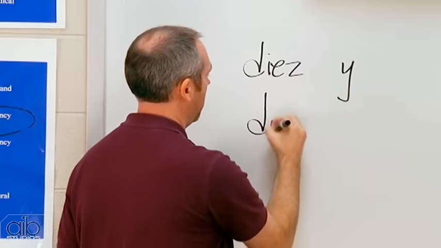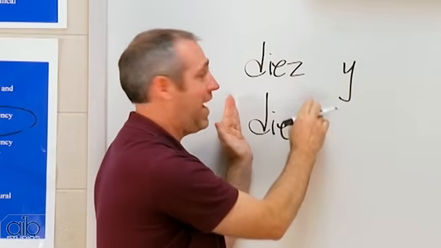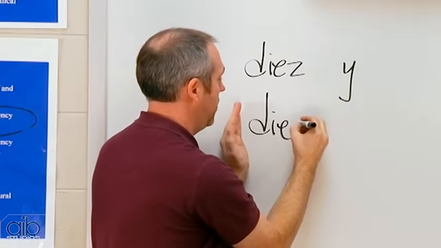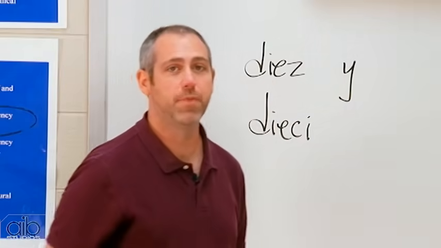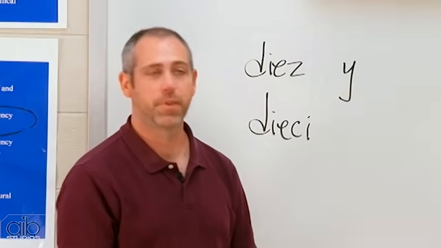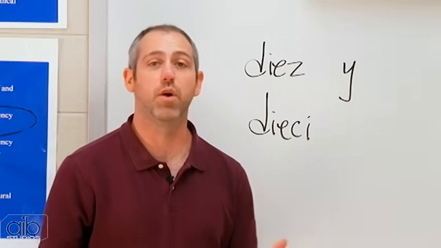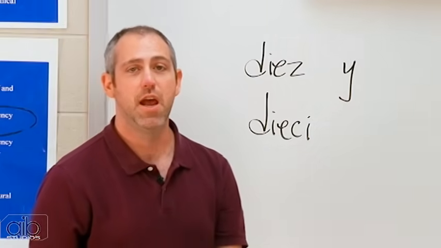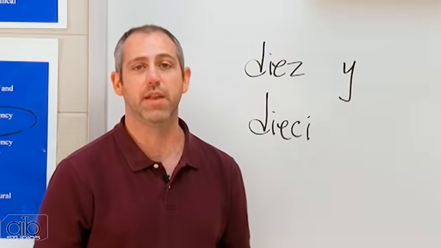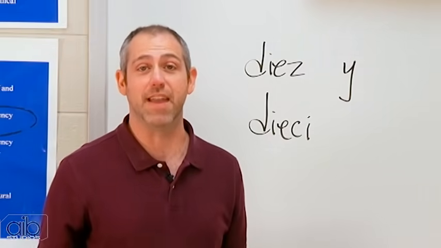We're going to pull this y in, but it's going to change to an I, and the z is going to change to a c. So that is our root, dieci. That is our root for 16 through 19. So now once we've changed that Z to a C, and we've changed the Y to an I, and we have dieci, all we have to do is just add 6, 7, 8, and 9.